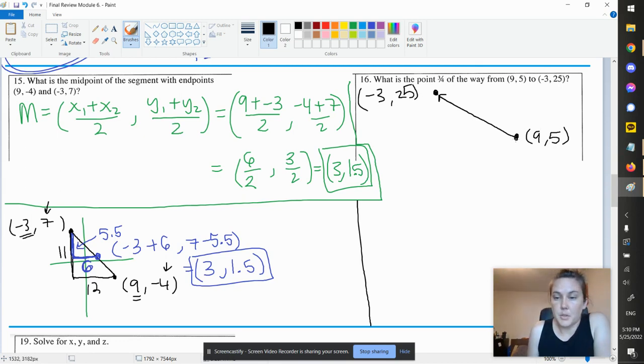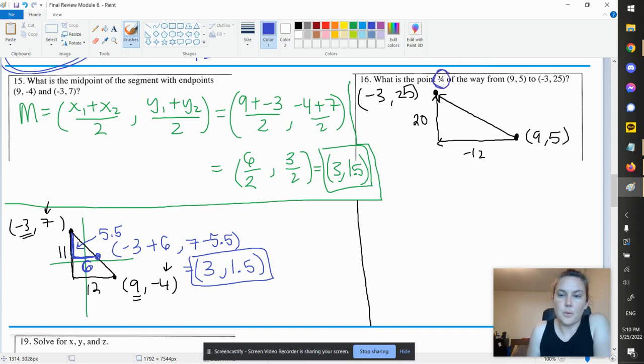So how far did we originally travel? We went -12. We started at 9 and moved 12 to the left, because we started at 9 and ended at -3. And then we moved 20 up, because we started at 5 and ended at 25.